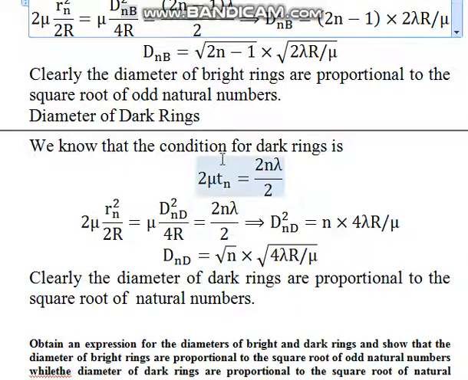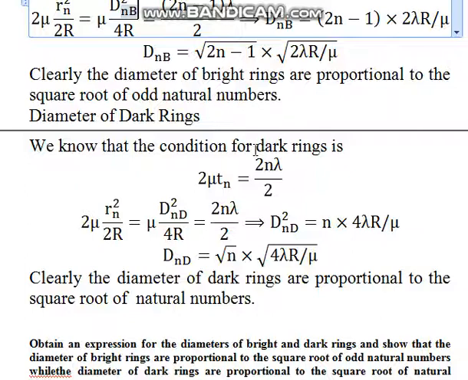Now let's see the diameter of the dark rings. In order to obtain the dark rings expression, we have to write the condition for minimum intensity in the case of the wedge shaped film. What is the condition for minimum intensity? It is twice mu t cos(r plus theta) plus lambda by 2 is equal to twice n plus 1 lambda upon 2.